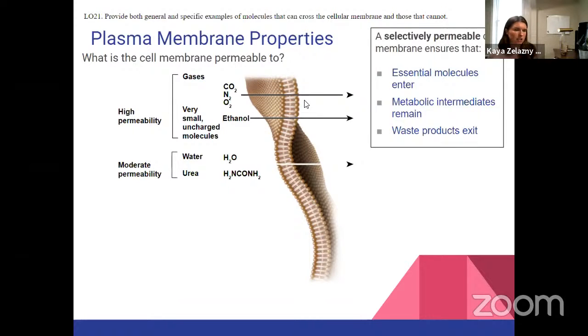Then we have sort of gradations in the middle. So we'll see that water and urea, the membrane is moderately permeable to them. So they can get across, but it's a little harder than a tiny oxygen molecule. Larger things and polar things really have trouble. So polar organic molecules, which is specifically going to be sugars, right?